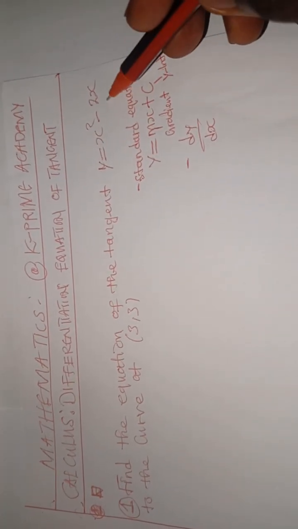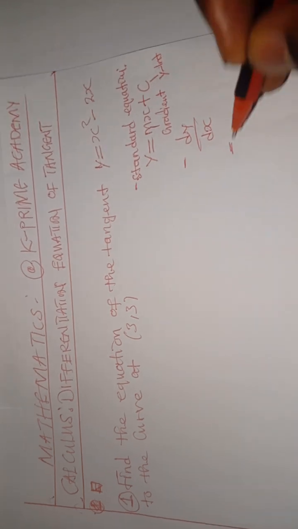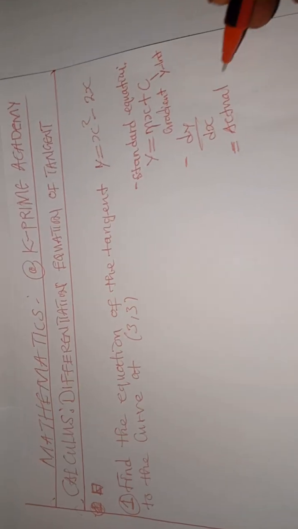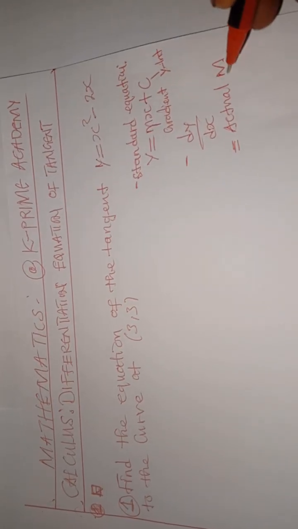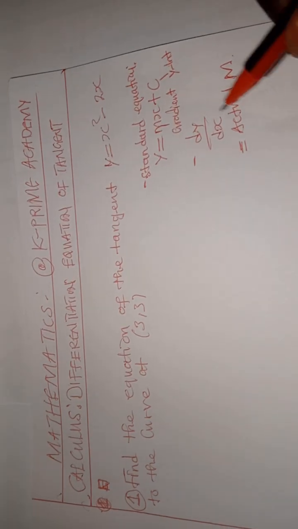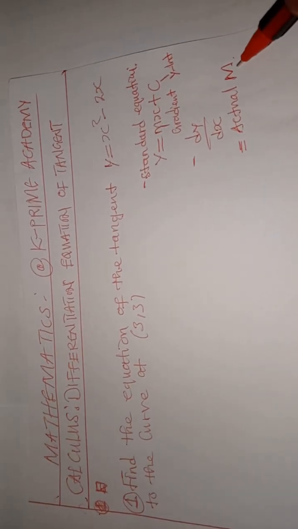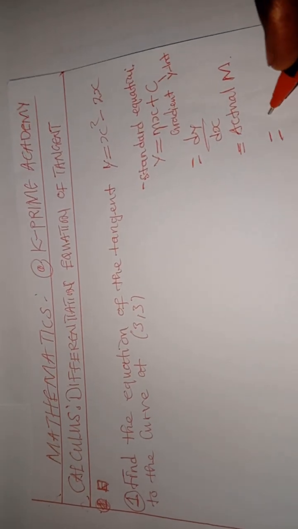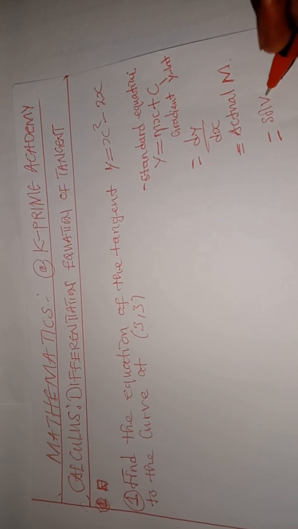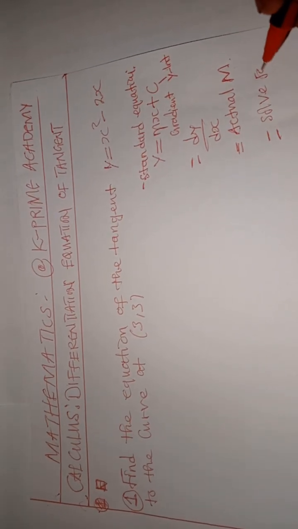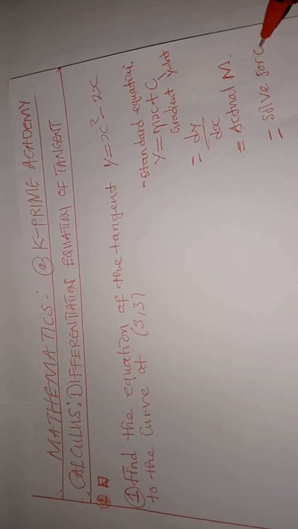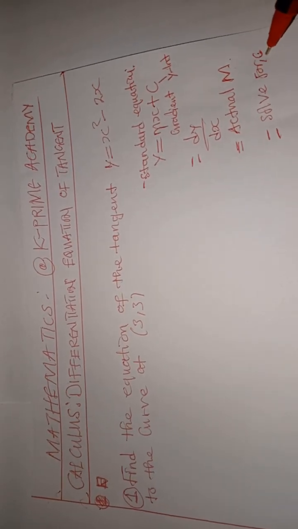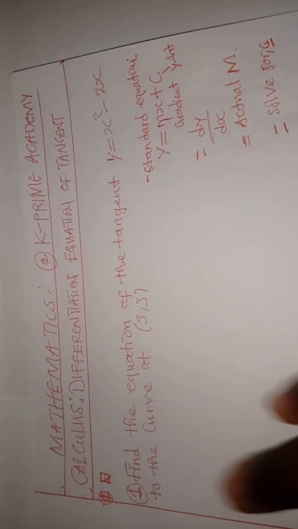After finding dy dx, we come to finding the actual gradient. M is a symbol for gradient, guys. Then step number 3, you have now to solve for c, so that you get the value of c here. So let's start with that now.